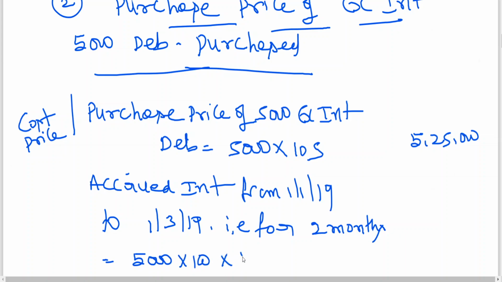Debenture 100 rupees into 2 by 12. Is this clear? You want to cross check once again. 5,000 into 100 rupees into 10% into 2 by 12, it is coming to 8,333.